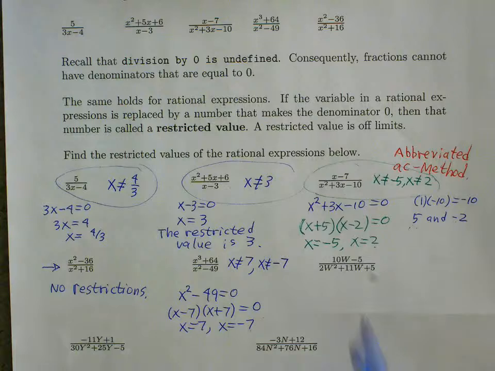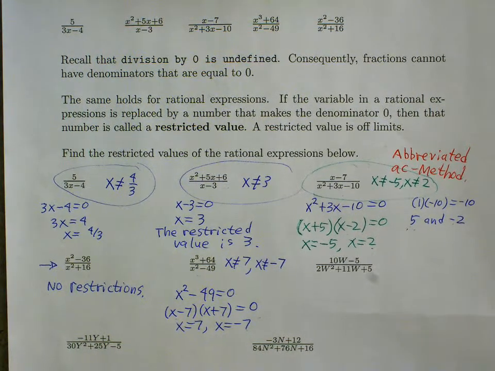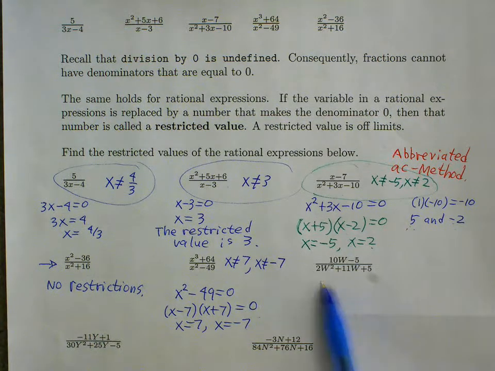Okay, the next rational expression, 10w minus 5 divided by 2w to the second plus 11w plus 5. Let's find the restricted values of that. If all we are doing is finding the restricted values, we only need to focus on the denominator.